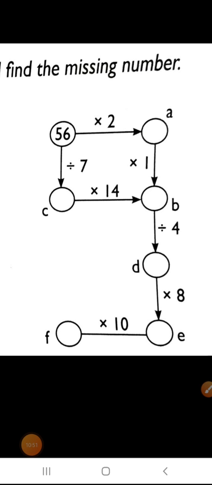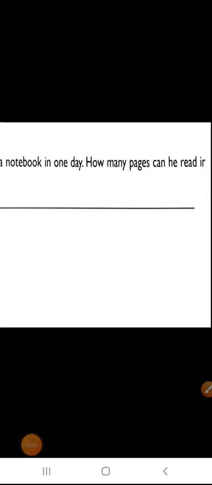Is it clear? Now some questions are also there in this one, page number 87. Mohit can read 150 pages of a book in one day. How many pages can he read in the month of October? You have to find.